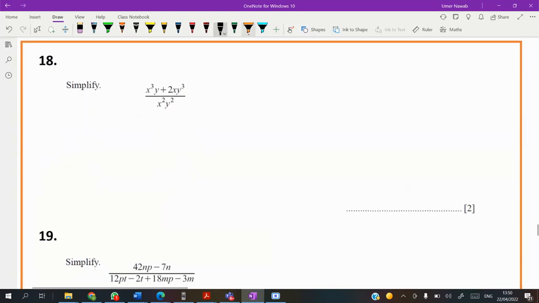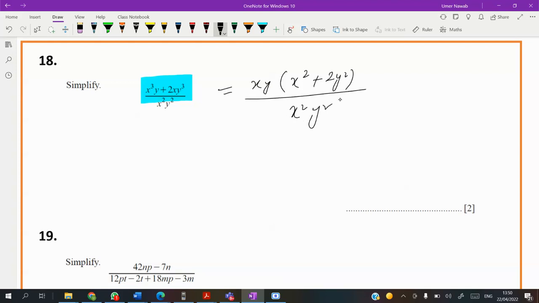Next, simplification came. Look at the numerator. What is common? In the numerator, we have x and y common because the smallest powers in both terms are x and y. So in the brackets, we are left with x squared plus 2y squared. In the denominator, x squared y squared. Guys, very clearly, this y cannot be cancelled with this y squared because it is combined with two terms.